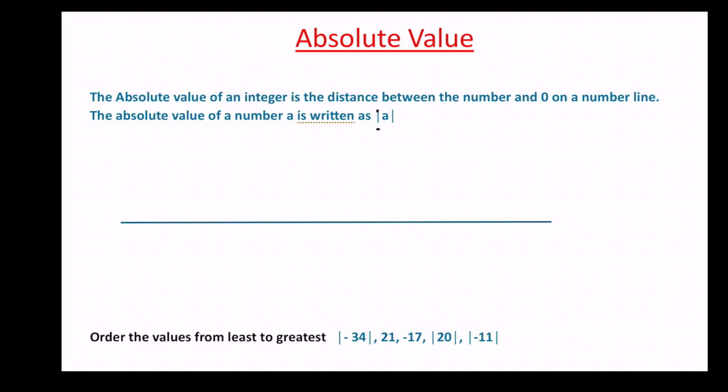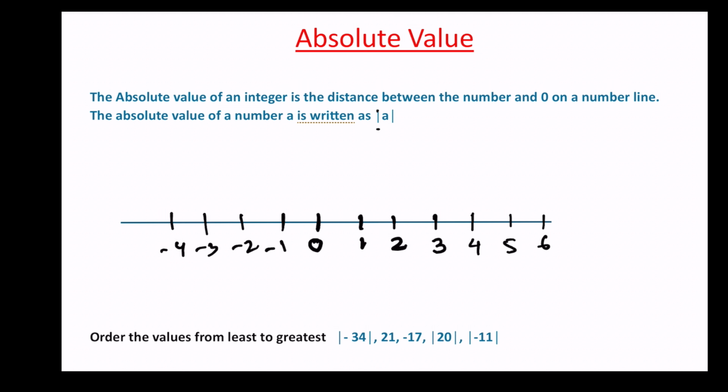This is our number line. 0. Here 1, 2, 3, 4, 5, 6. This side -1, -2, -3, -4, -5 and -6.